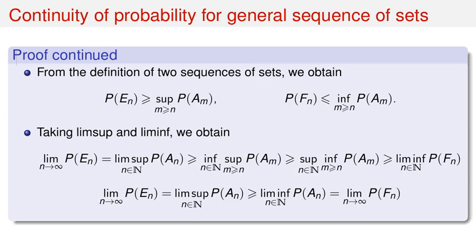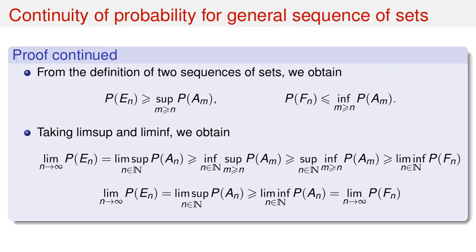The inequalities on the slide are: limit P of En equals lim sup P of An, which is greater than or equal to the infimum over m greater than or equal to n of P of Am, greater than or equal to the supremum over m greater than or equal to n of P of Am, greater than or equal to lim inf P of Fn.